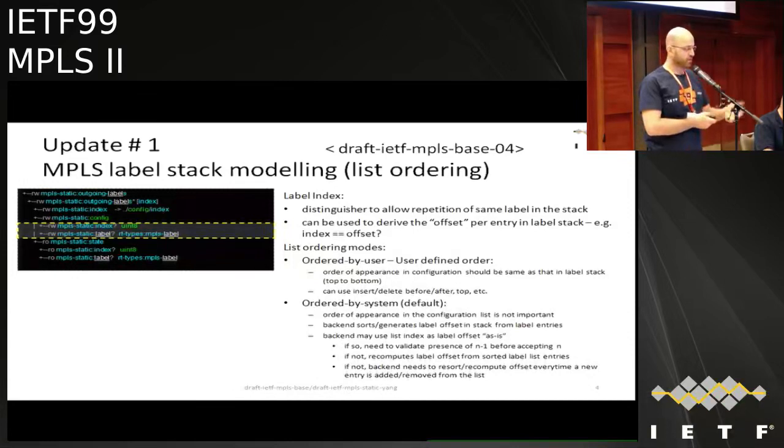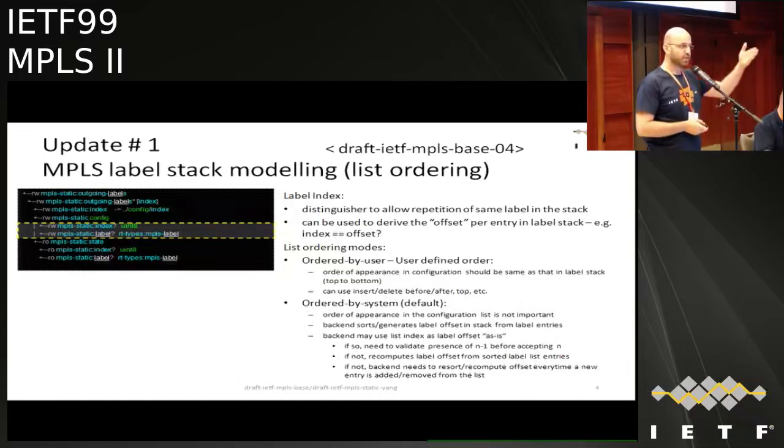So the index is not of relevance then, but the order appearing in configuration is. If we go with this approach, then we can always insert after or before an item, or even remove after and before. If we use a system-ordered list, then the system can choose any ordering that it sees fit. The order of configuring the labels is not of importance. They can sort using the index.